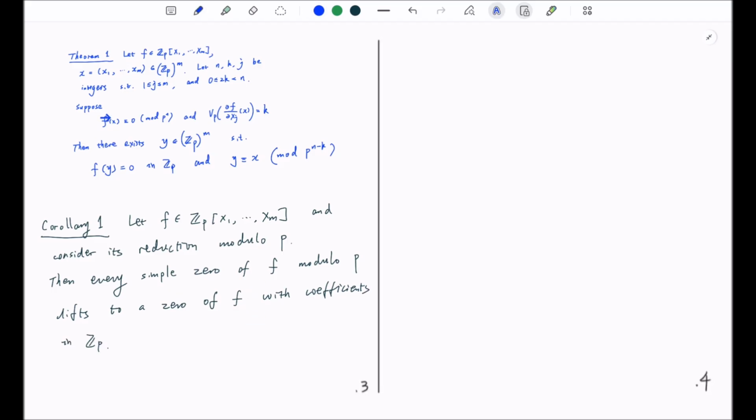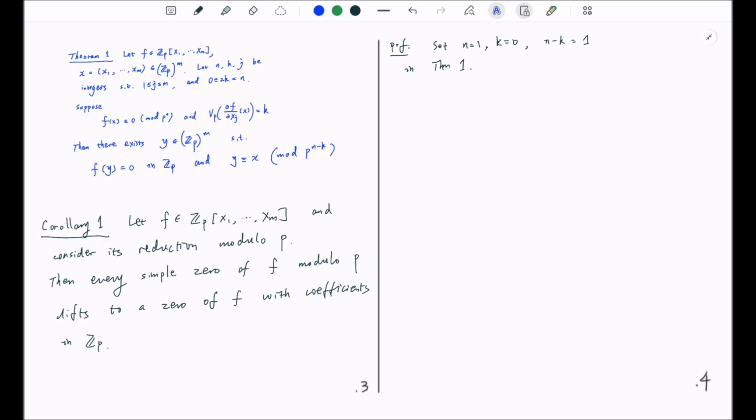The proof is easy in view of theorem 1. We set n in theorem 1 to be 1 and k to be 0. And therefore n minus k is equal to 1 in theorem 1.